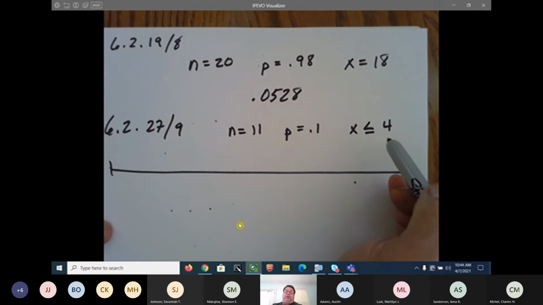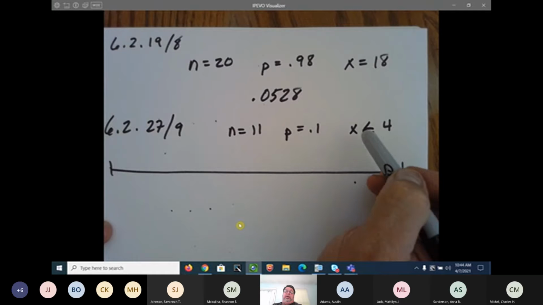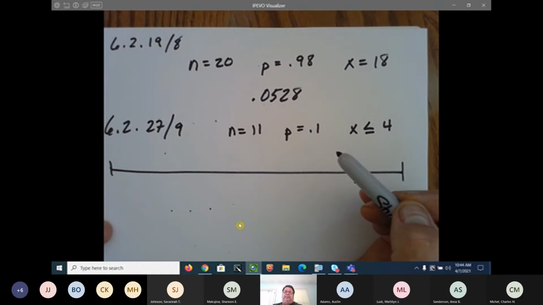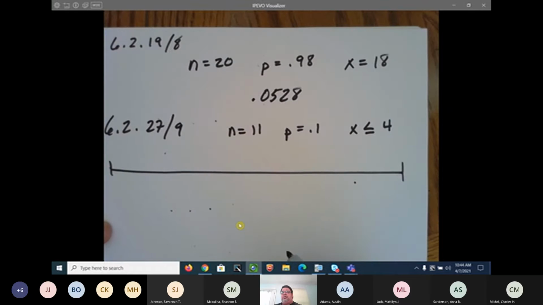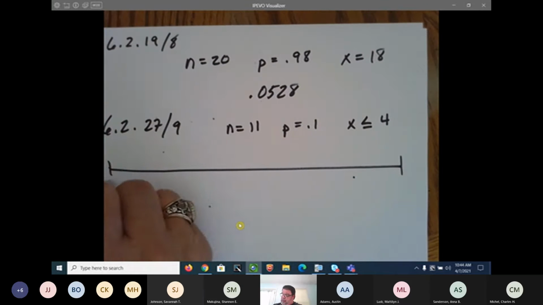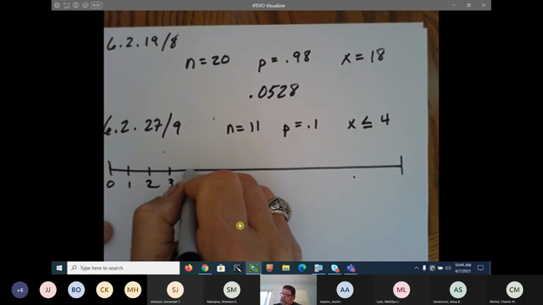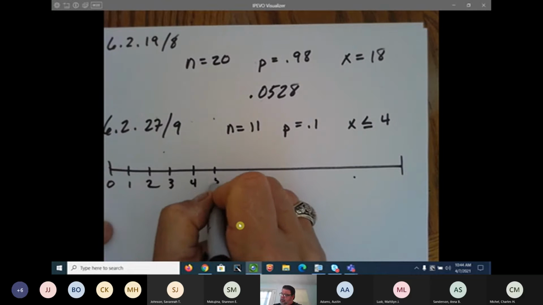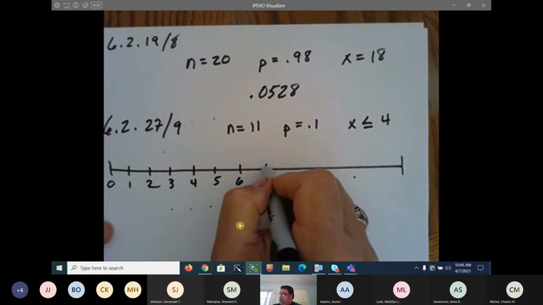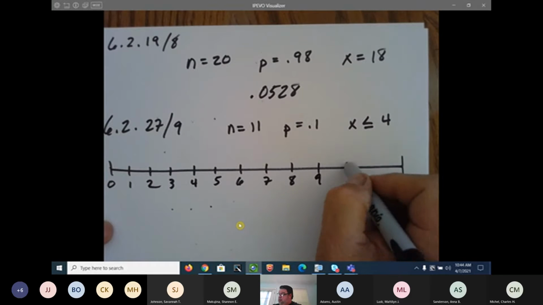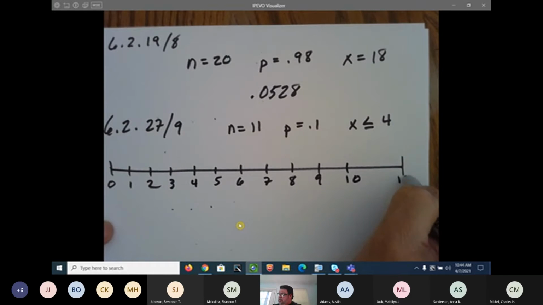What is the probability that 4 or less households are watching the Olympics? That's the type of question you're going to use here. So 0 households, 1, 2, 3, 4, 5, 6, 7, 8, 9, 10, and 11 households.